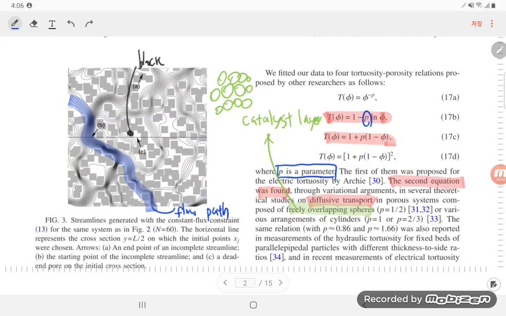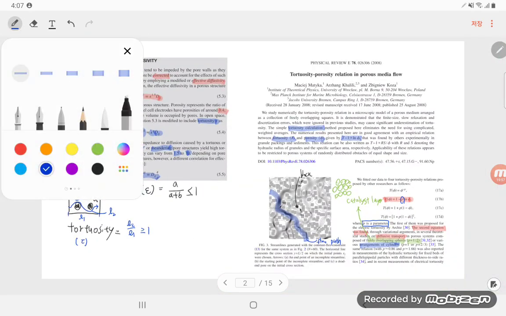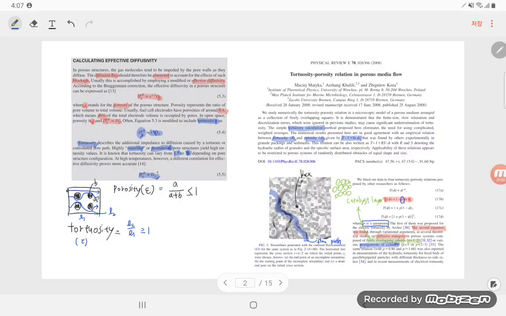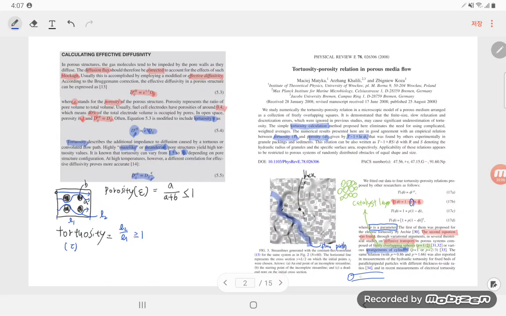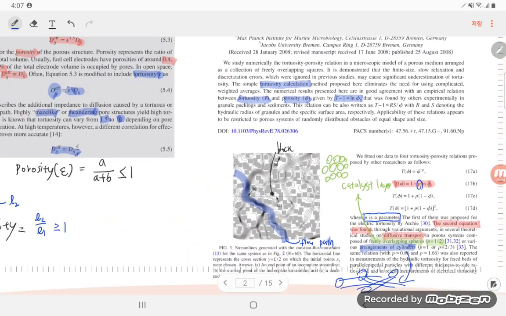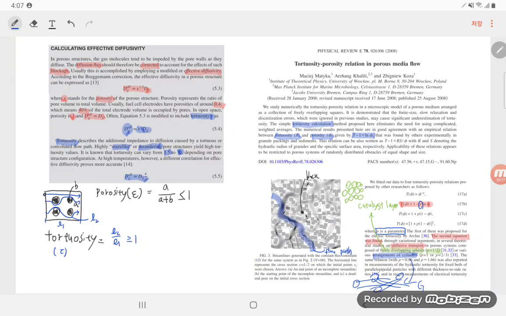Okay, then we can choose the P value as 0.5 in the second equation. And for the cylinder structure, the various arrangement of cylinders, in the case of the GDL, the gas diffusion layer, they consist of a large amount of cylindrical carbon paper fibers, so we can use it for the analysis in the GDL.